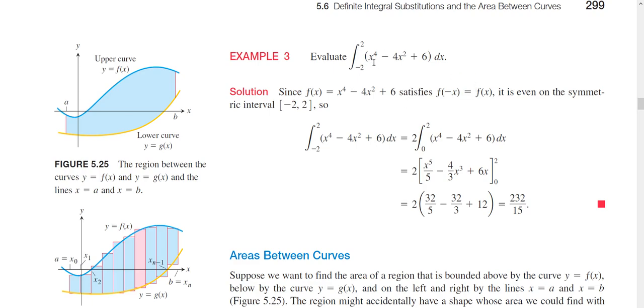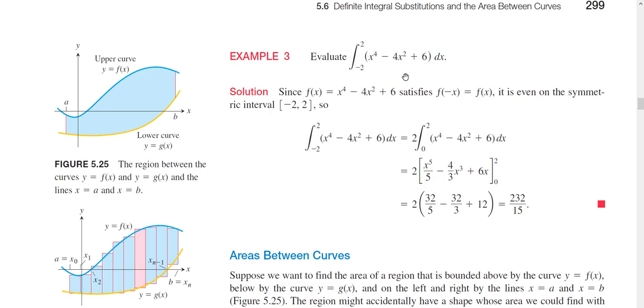If we replace x by minus x in this term, this will remain x to the fourth. Similarly, if we replace x by minus x in this term, this will also remain the same. And this term is actually independent of x, so replacing x by minus x won't affect this. So this whole function will remain the same if we replace x by minus x.